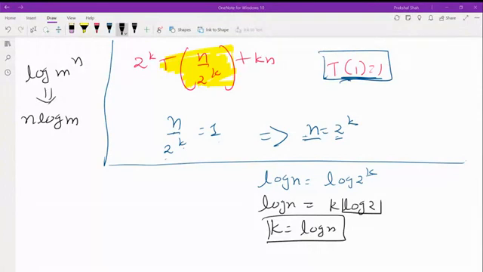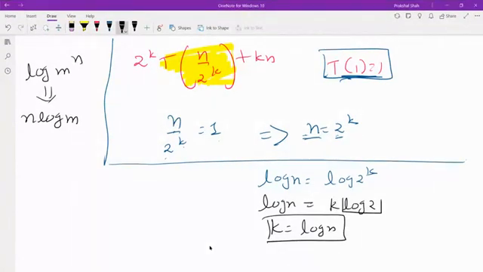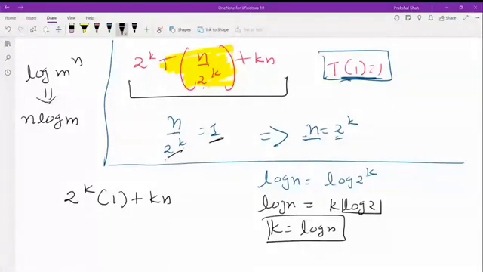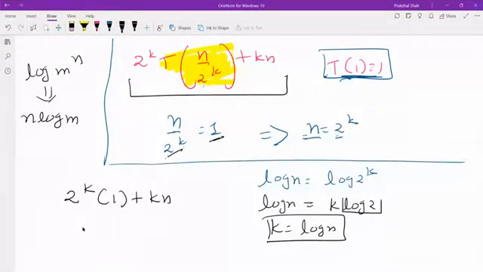Since my k is equal to log n, now put everything in this equation. Since n divided by 2^k was 1, I will get 2^k times T(1) plus kn. Can I say that? Or else, instead of this 2^k, can I put n here?